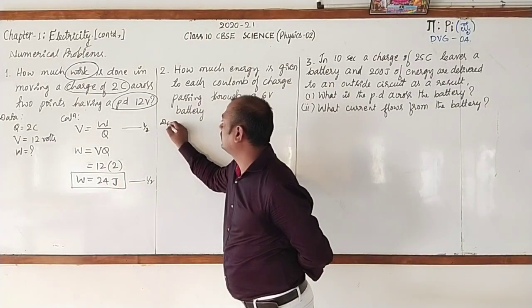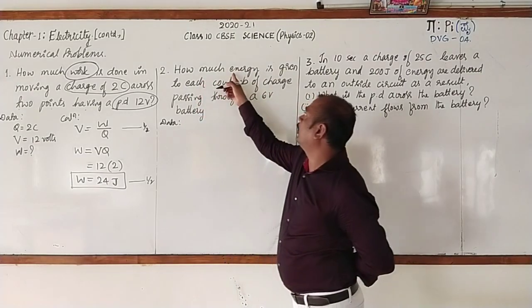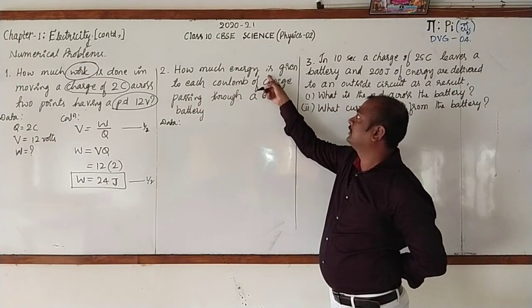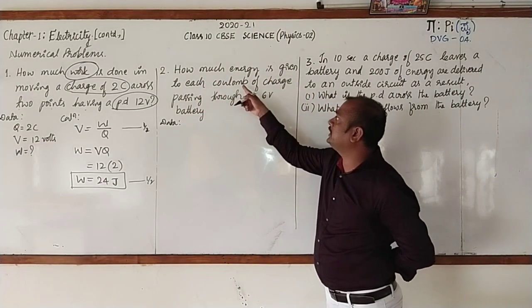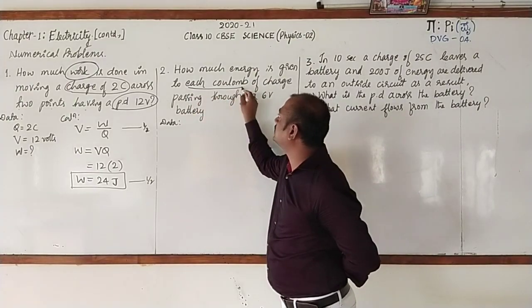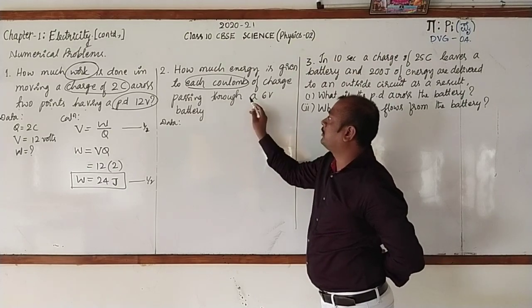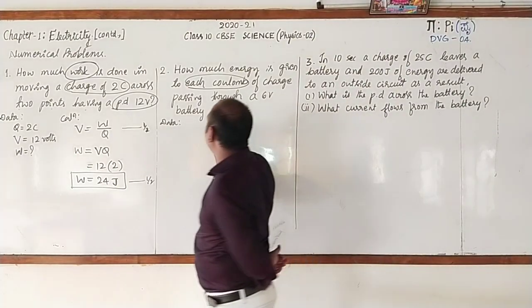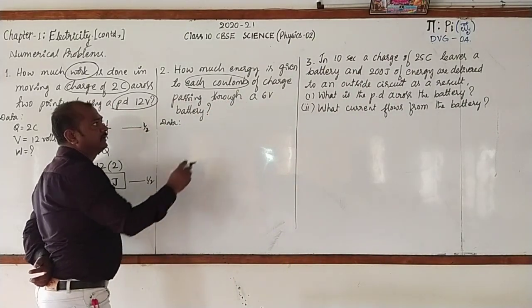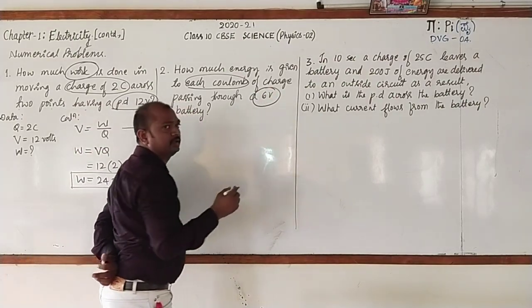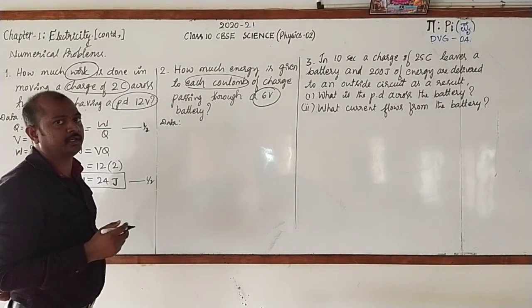Next, second one. Observe here. How much energy is given to each coulomb? Each coulomb means 1 coulomb of charge passing through a 6-volt battery. 6 volt indicates it is the voltage of the battery.